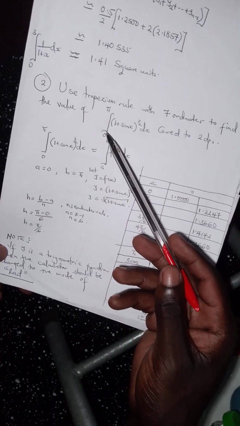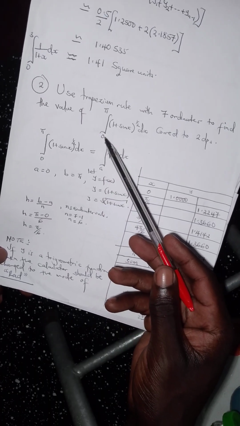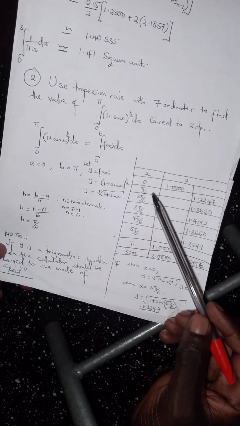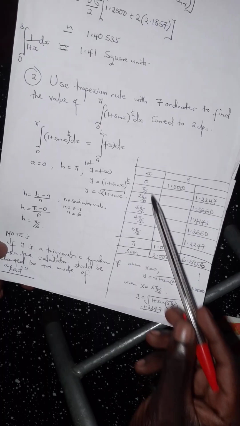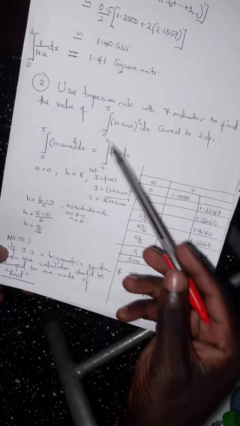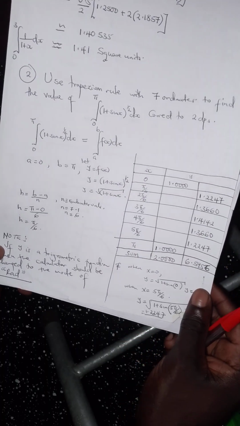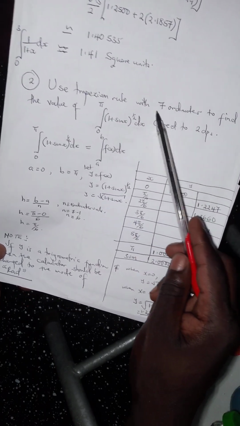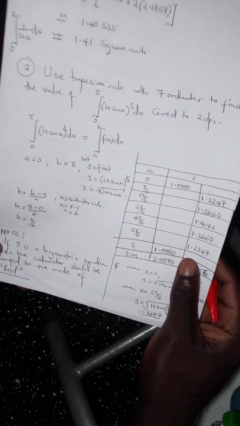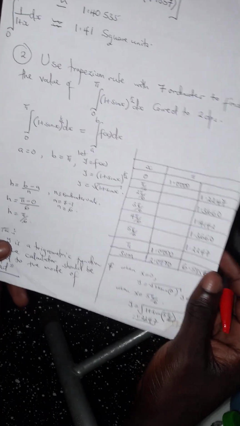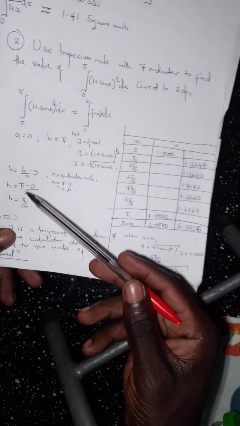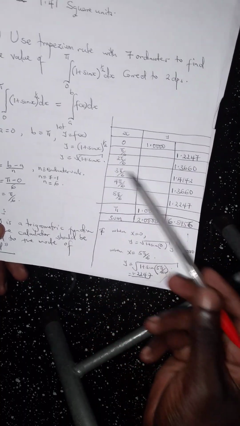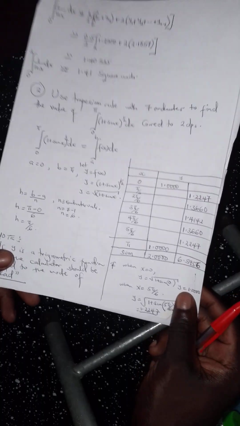Sometimes this one is not a 0, so it is not a must that it will always be a 0. But whatever is here is what you begin with. In this column of the x values, you write it, then you keep on adding that h until you get this. So if they deny you this and instead give you the class width, then it means they have calculated this h for you. So you use that h, get these ones, and the rest remains.